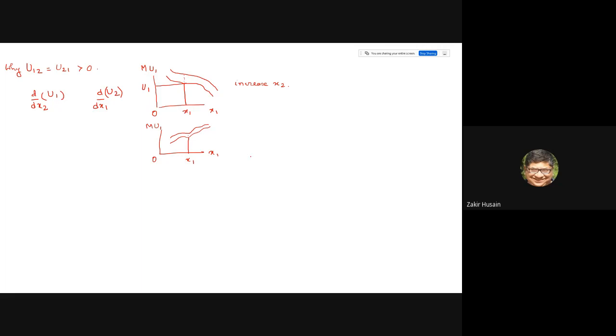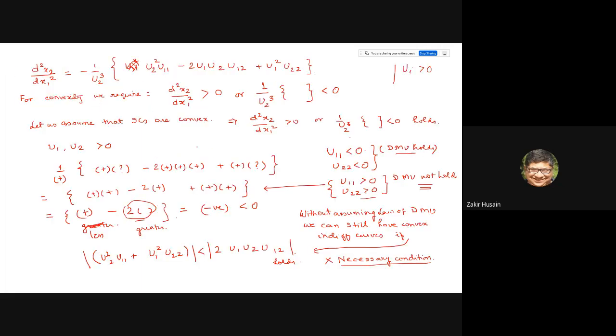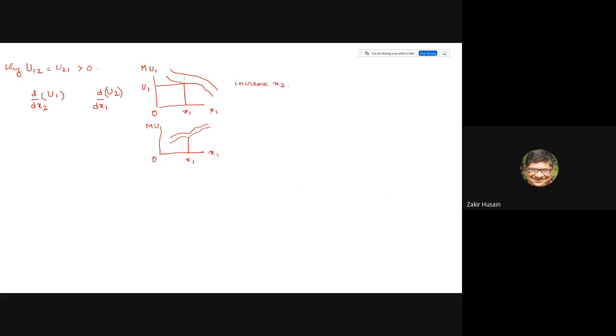So what I've shown over here is that even if we don't have the law of diminishing marginal utility, we can still have convex indifference curves. In that case, we need a condition. This is the condition. So if it holds, we don't need diminishing marginal utility.